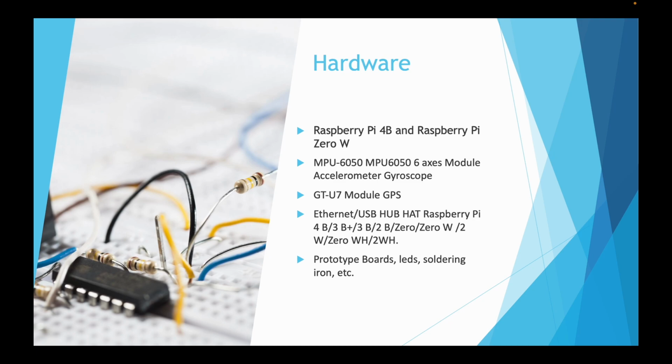The Raspberry Pi 4B has more USB connections, so it is easier to attach the GPS module. I also used prototype boards, breadboards, LEDs, a soldering iron, resistors, and so on.